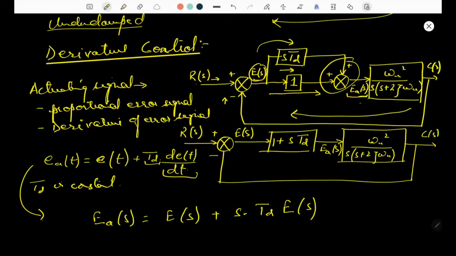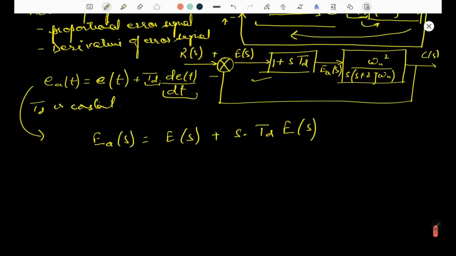We give that actuating signal to the system and get the output. So both proportional and derivative control actions take place in this block diagram. We simplify this further to get this block diagram.